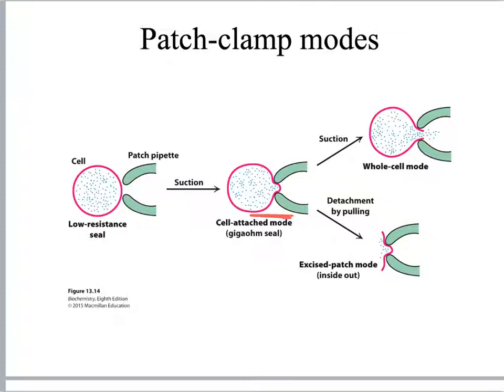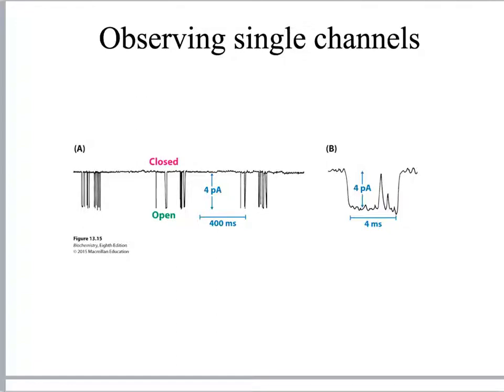Now, that suction can actually burst the membrane, or you can have that excised patch mode where it's kind of turned inside out. But in general, this is a method that's used to allow us to explore what's going on. So this just shows some data that's associated with that patch clamp.